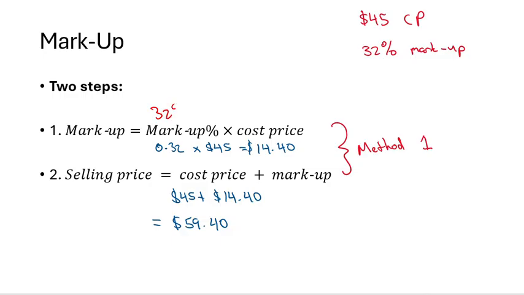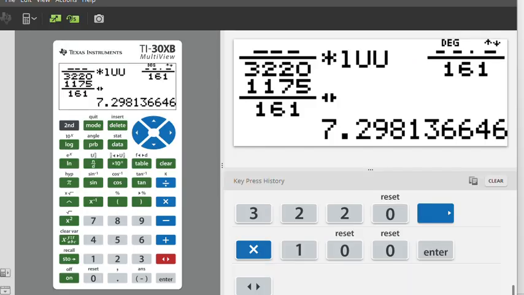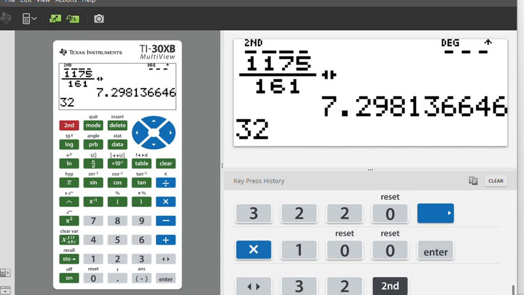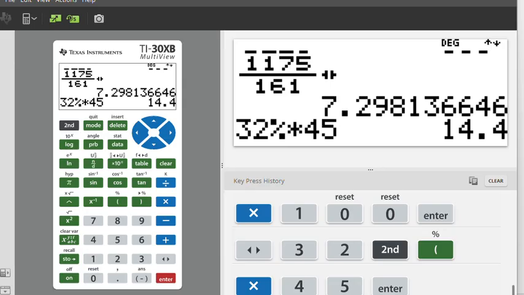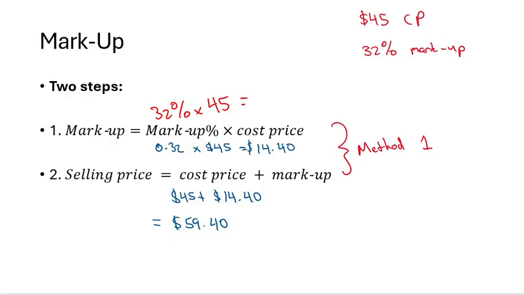You could have also just done 32% times 45. I'll type on the calculator 32% times 45, which equals 14.40. And then you just add it to your cost price. And that's your new selling price right there.